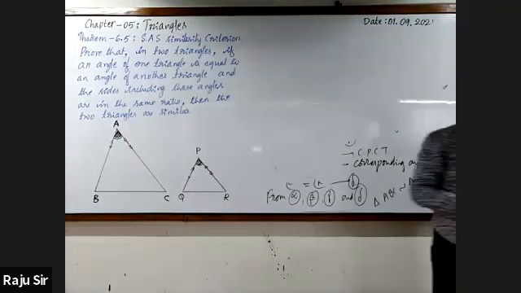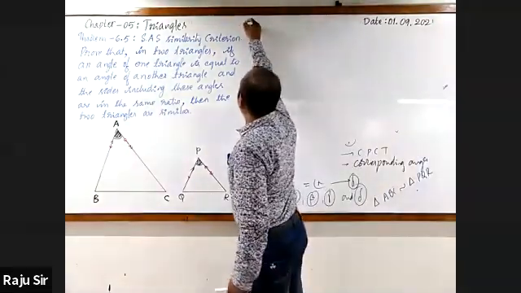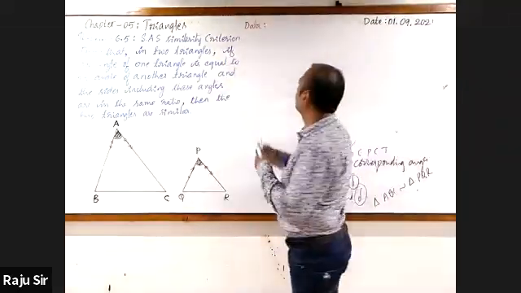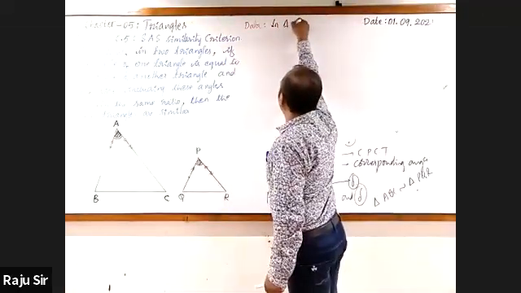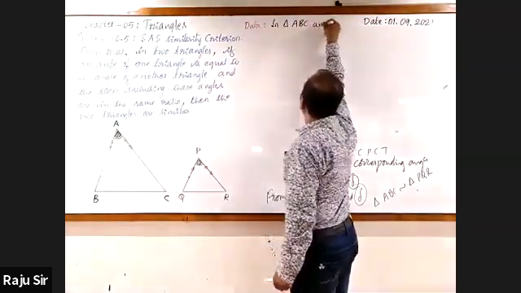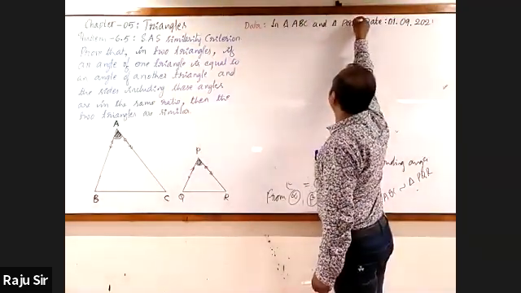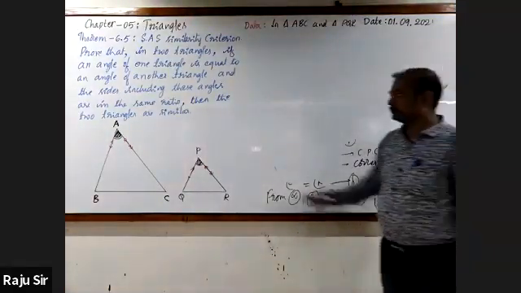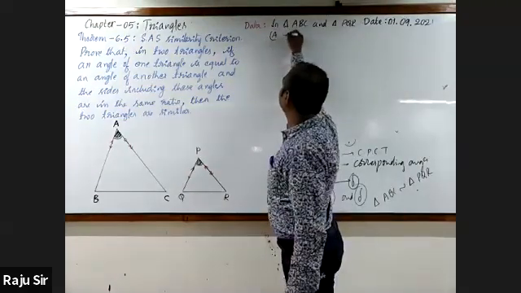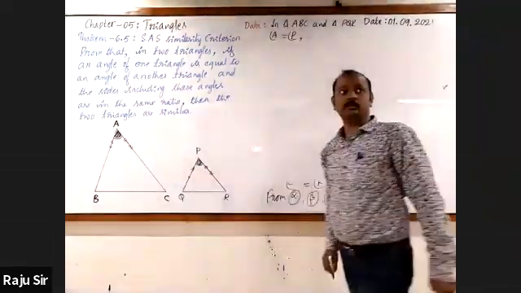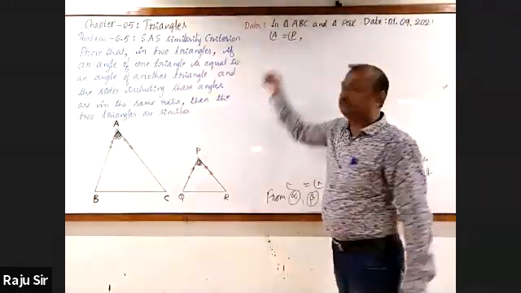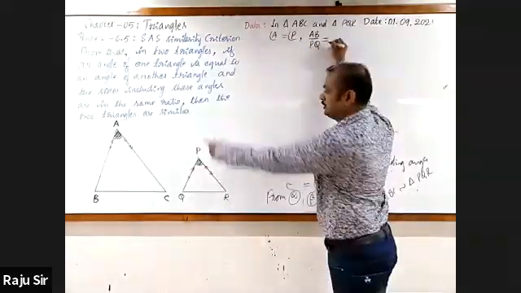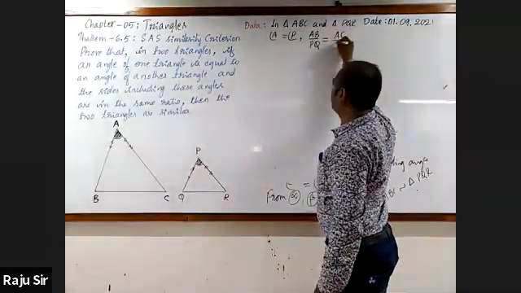In the data: in triangle ABC and triangle PQR, angle A equal to angle P, and AB by PQ is equal to AC by PR.